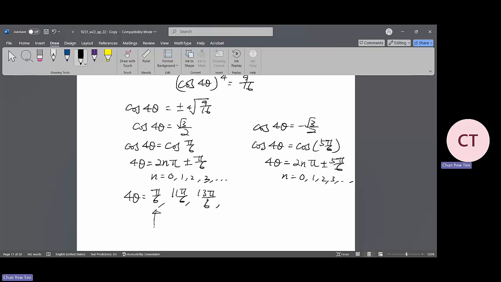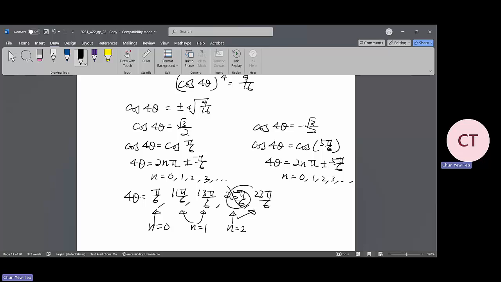This is the case where n equals 0, and this is the case where n is equal to 1. Now n is equal to 2. So for n equal to 2, if you put it inside, you will get 25 pi over 6. Another case will be 23 pi over 6.